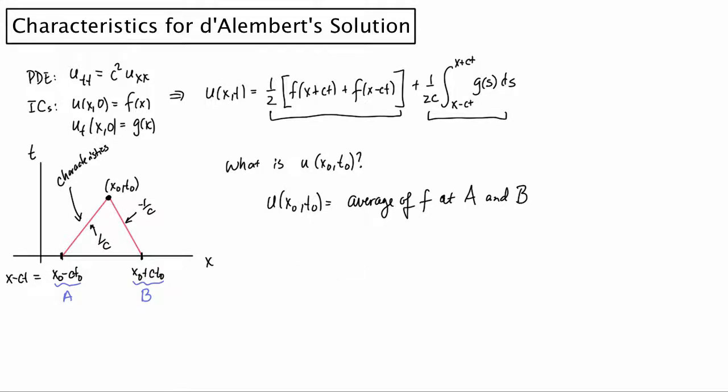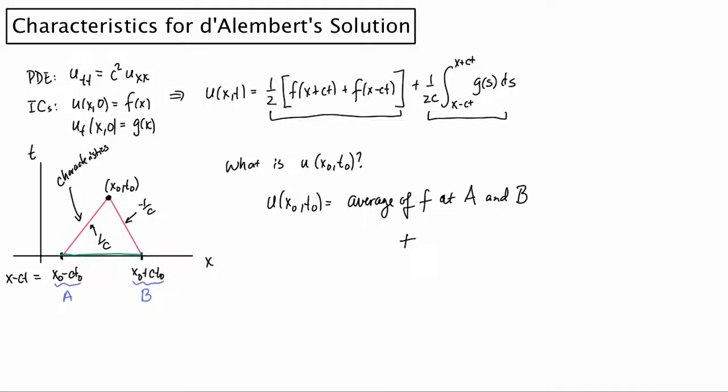So where is that interval? Well, if you look, the interval from x0 minus ct0 to x0 plus ct0 is this interval in green. And so what that's telling me is, okay, u of x0, t0 is the average of f at A and B, plus the integral over that green line of the function g. And I want to talk about that function g for a second, specifically on that interval.